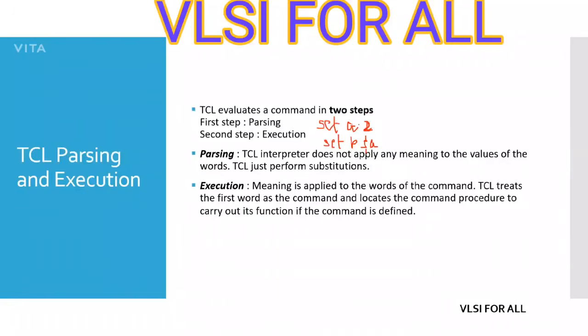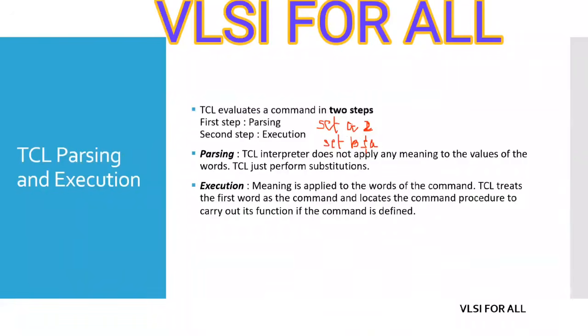If there is an error here, if there is no space, if the value is missing or the variable is wrongly given, then TCL will immediately throw an error while parsing. When it comes to the second line, it sees set B $A. When there is a dollar sign before a variable, it tries to substitute the value for that variable.